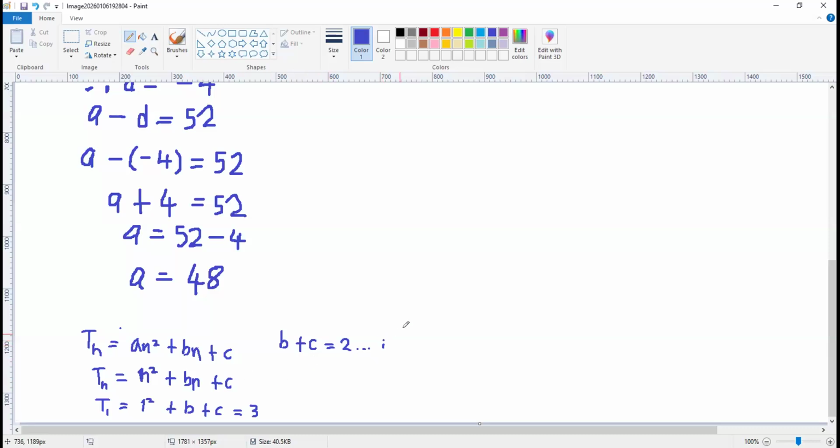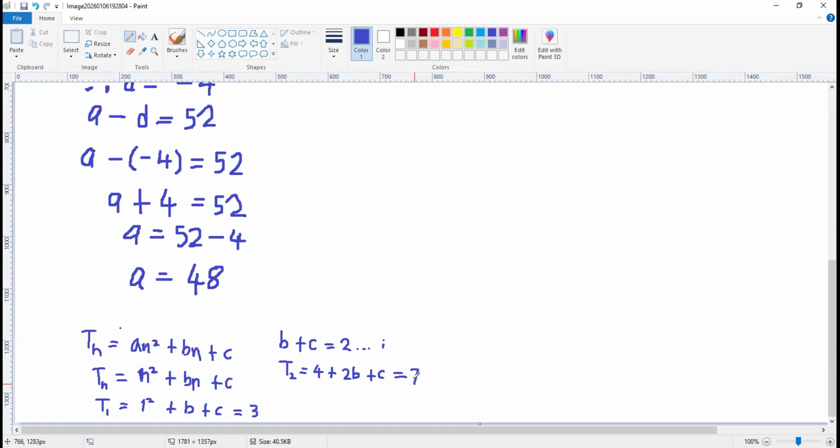So let's see if we can do the same thing for the next term. The next term is 7, isn't it? Yes, sir. Okay, that's T2. So T2 will be equal to 2 squared, which is 4, plus 2B, and then plus C. And all that is equal to 7.